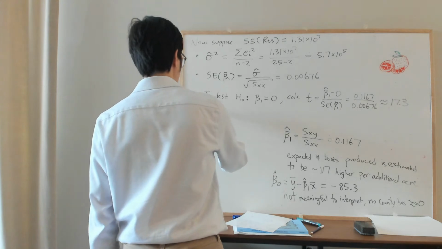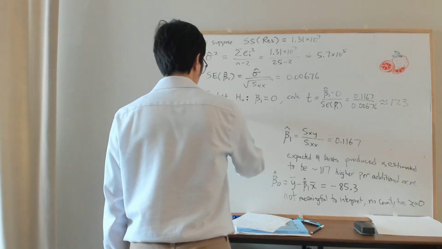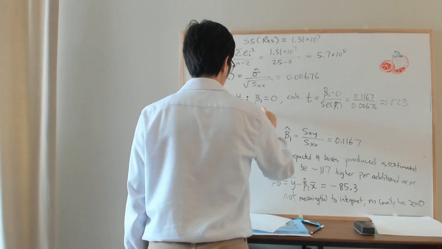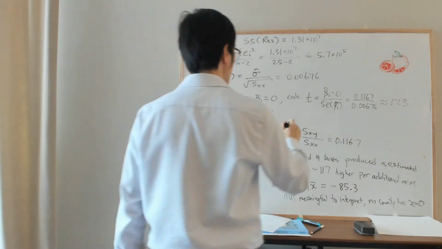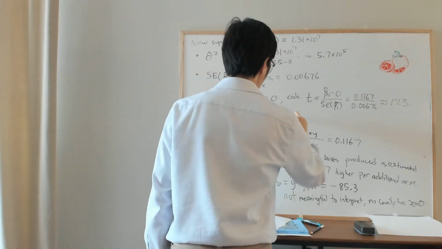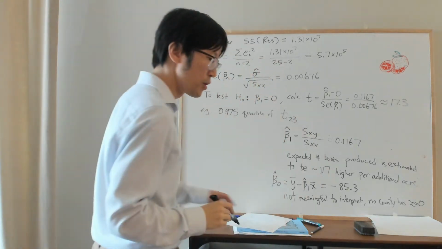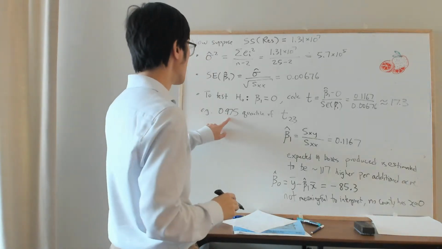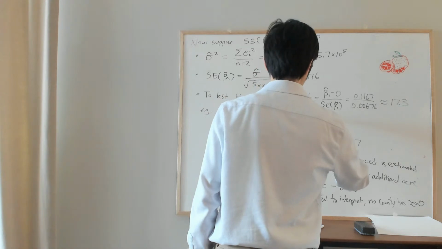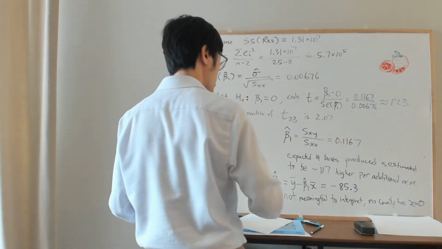So for example, the 0.975 quantile of the t, and the degrees of freedom is n minus 2, so I need to look up the t distribution with 23 degrees of freedom. So the 0.975 quantile of that is 2.07, okay, for comparison.